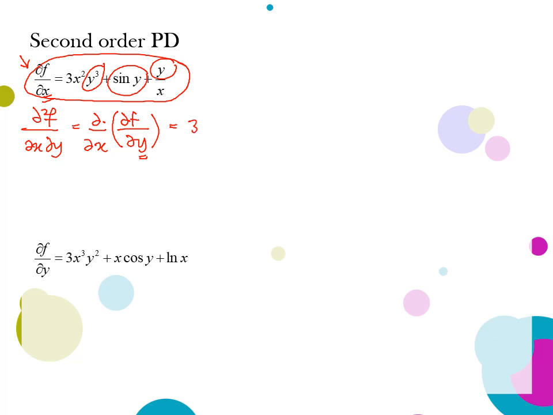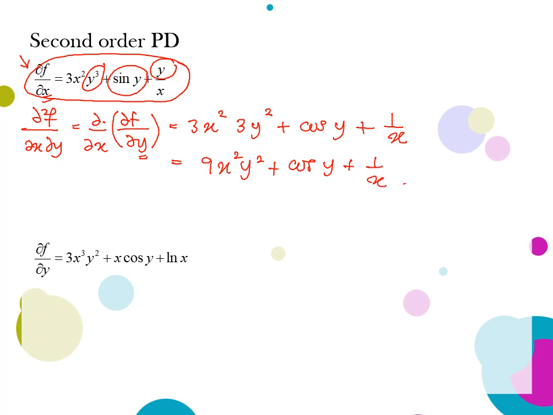You will get 3x squared, 3y squared plus cos y plus 1 over x. So we will get 9x squared y squared plus cos y plus 1 over x. And this is the answer for del squared f, del x, del y.